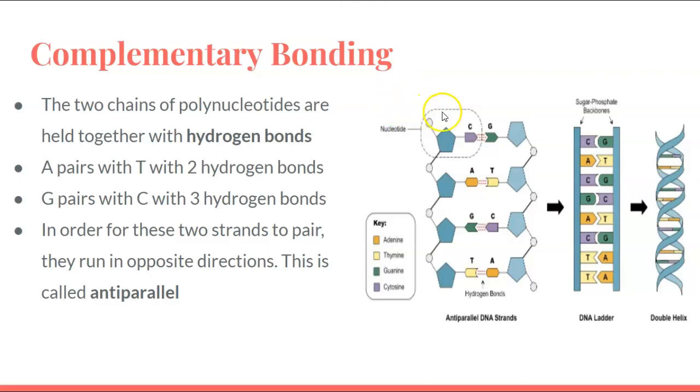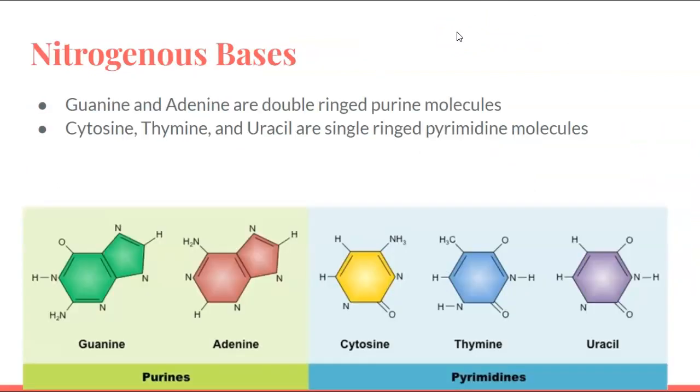Do you see how on the left side you have your free phosphate at the top, but here you have it at the bottom? That's because you'll notice that these sugars are facing opposite ways. They run anti-parallel to each other, okay? So again, every time you see a DNA strand like this, the 2 strands themselves are running anti-parallel to each other.